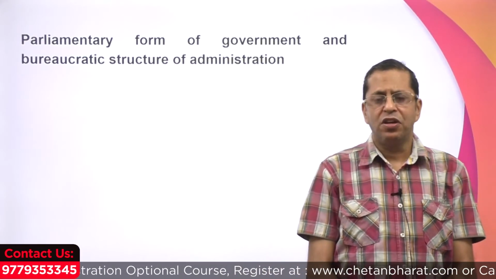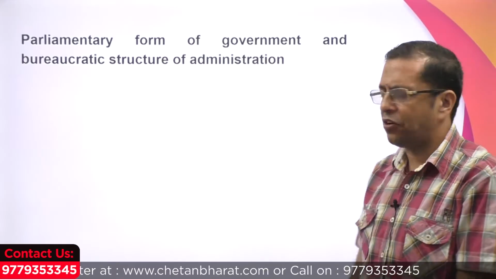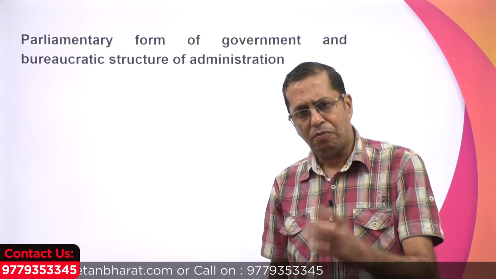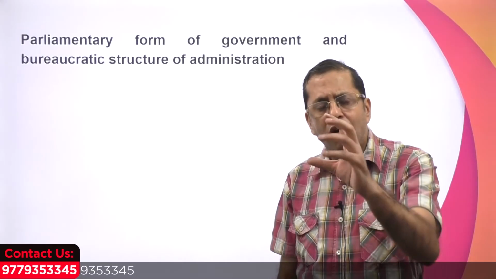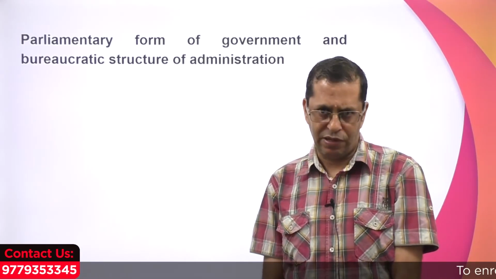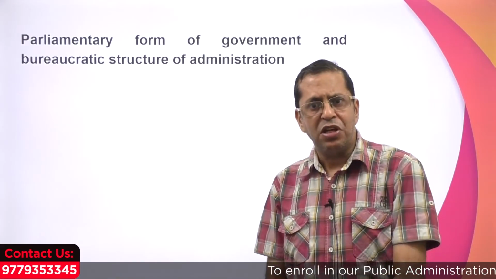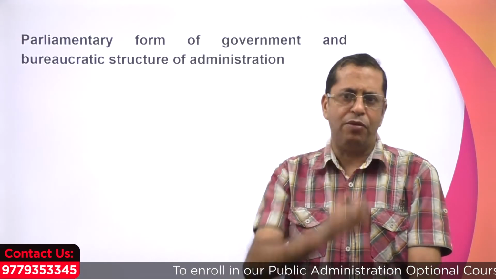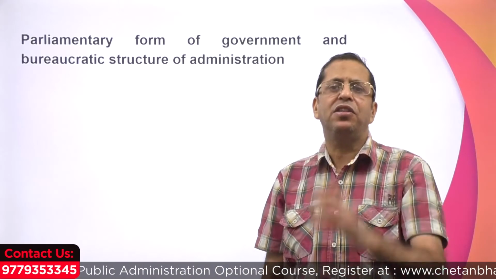India follows a parliamentary form of government and a bureaucratic structure of administration. Parliamentary form of government means where government is accountable to the parliament. It means government stays in power as long as it enjoys majority in the parliament.